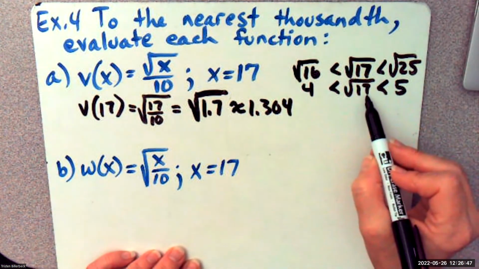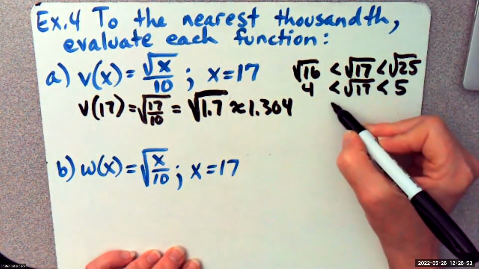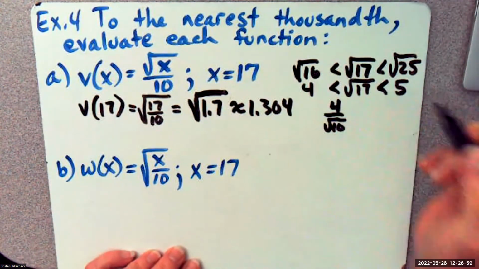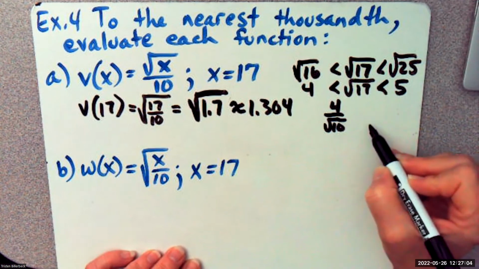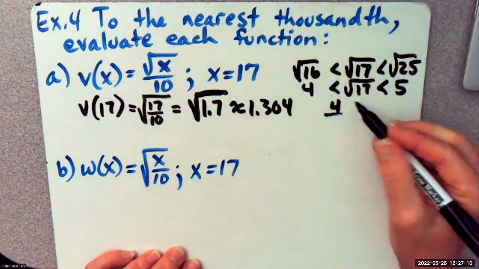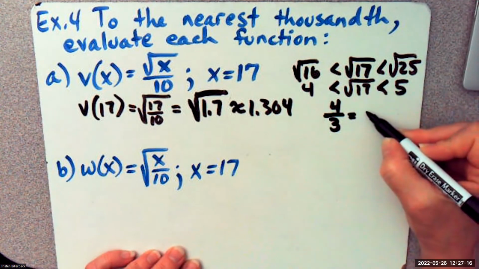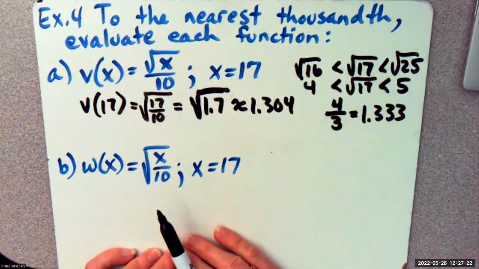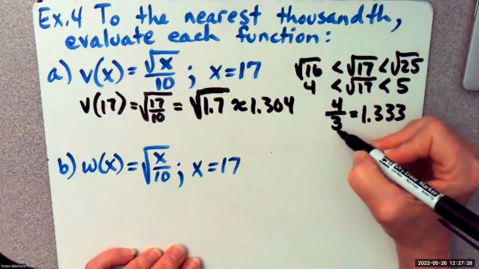Okay, so even though we could split that up into square roots and have 4 over the square root of 10, when we're dividing by the square root of 10, that's between 9 and this one, but it's closer to 9. So the square root of 10 is closer to 3. And we know that this is about 1.333, 4/3. So we've just approximated both by lowering them down.